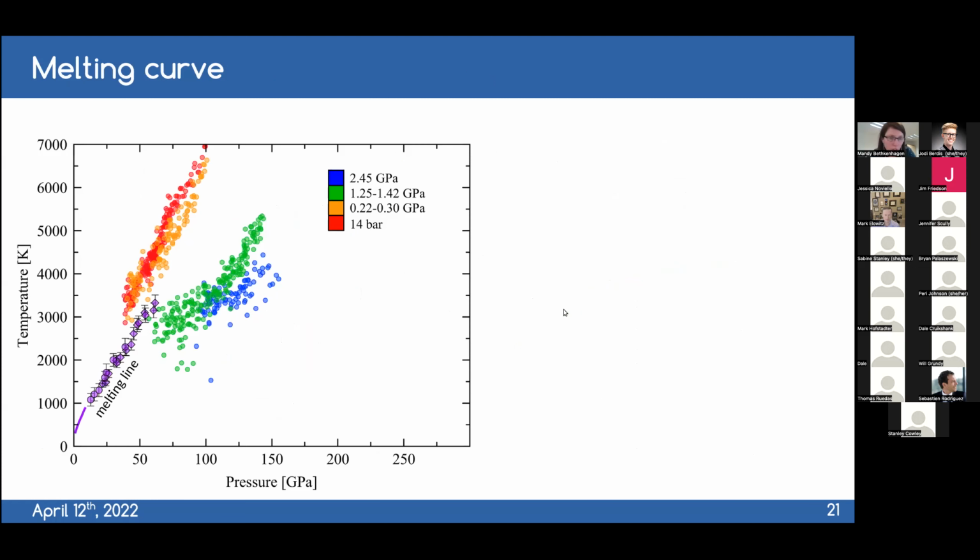So when we try to derive the melting curve also from this combined effort of experiment and theory, you see here the experimental shots for 4 different pre-compressions. So here you see the almost uncompressed shot that's in red, and then with even higher compression are the green and the blue ones.